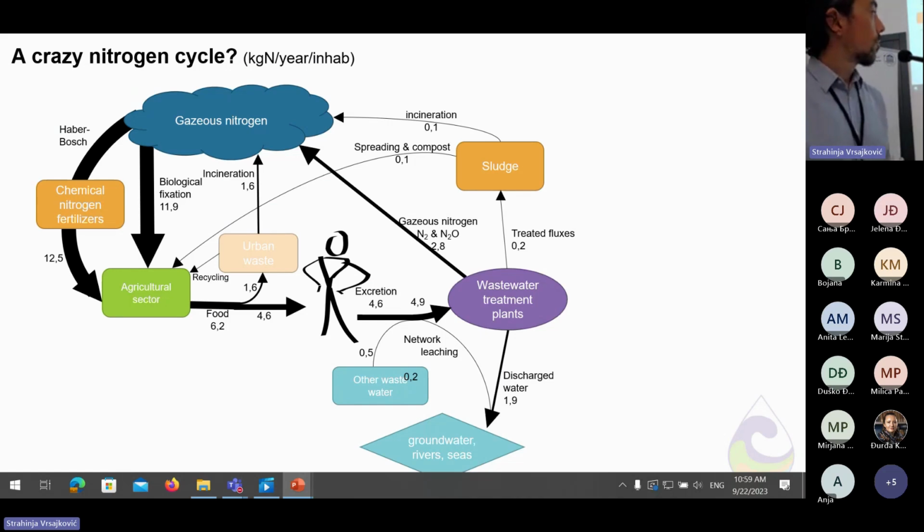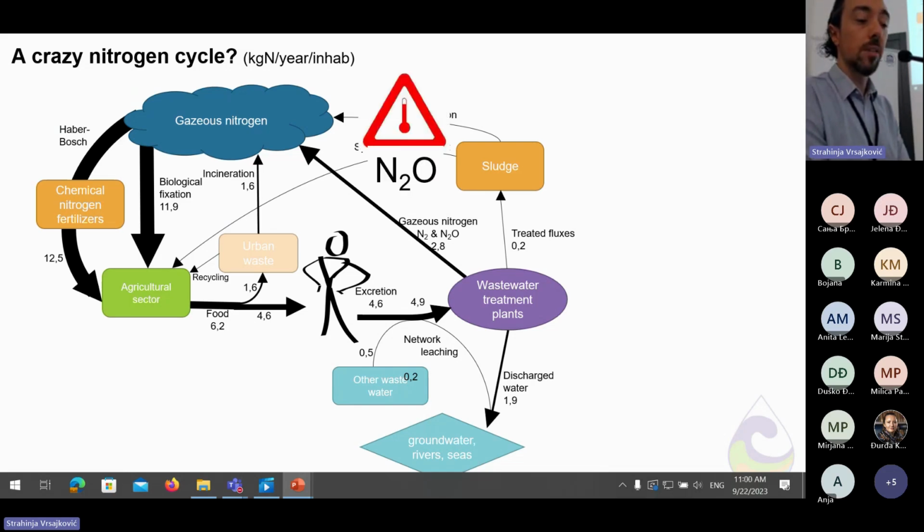Some of it is discharged in the water. And when you have tertiary treatment of nitrogen, it goes back to the atmosphere in the form of N2, or some part of it goes to N2O, which is a greenhouse gas. And so there is an impact on climate change.